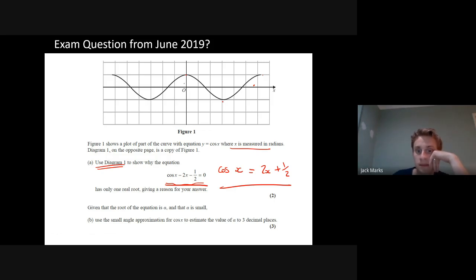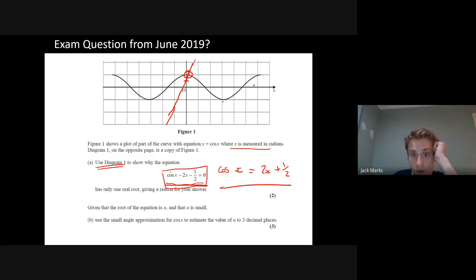So 2x plus a half is here. 2x is a steepish gradient that goes something like this. Why there is only one real root? Well, look, there's clearly only one solution from the simultaneous equation here. So that's why this thing that I'm not going to draw, and I'm not expected to be able to draw, has one root. Okay.